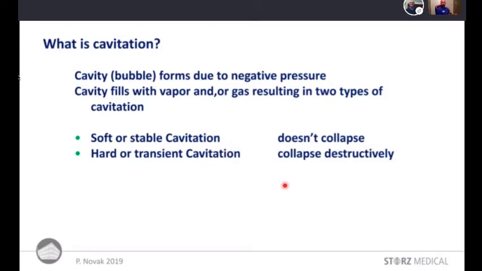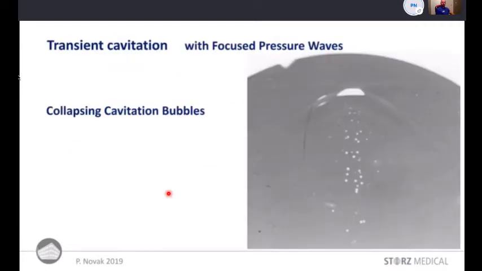And these bubbles can collapse very fast, even generating shock waves of themselves, and they have a much more destructive capacity. Here you can see an example of observation with lithotripsy, where the shock wave is passing through the fluid, or urine more or less.